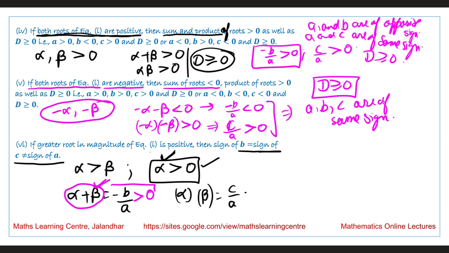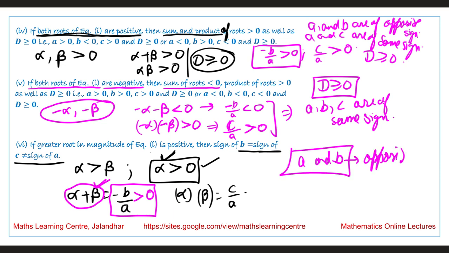So if this value is greater than 0, what we obtain is that a and b are of opposite sign. And for beta we have two conditions over here: either beta is greater than 0 or beta is less than 0. In that case we will have this c over a.